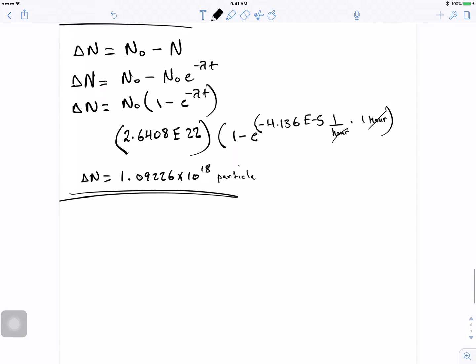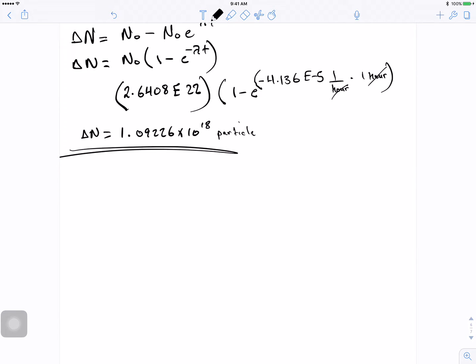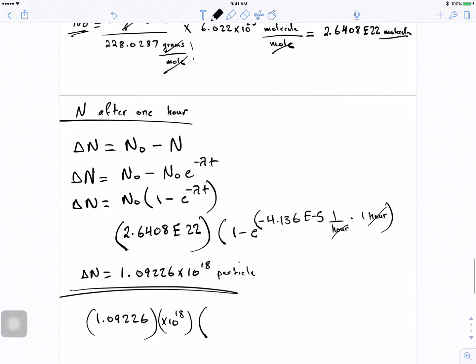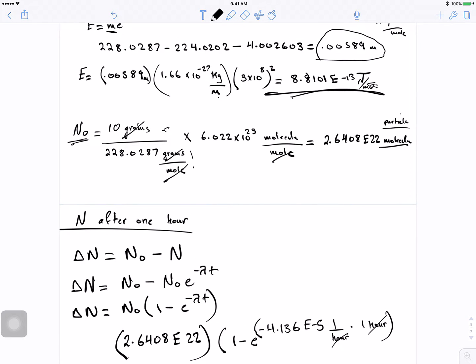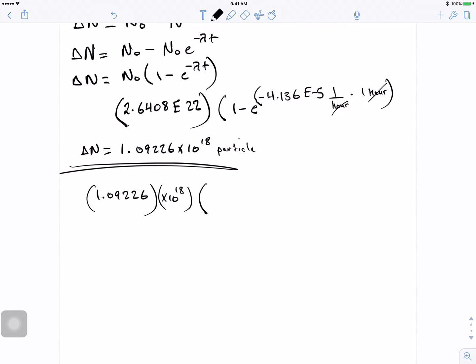So what we need to do is multiply the number of particles times the energy per particle. So 1.09226 times 10 to the 18 times the energy per molecule, which is in joules per molecule. So 8.81 e to the negative 13.